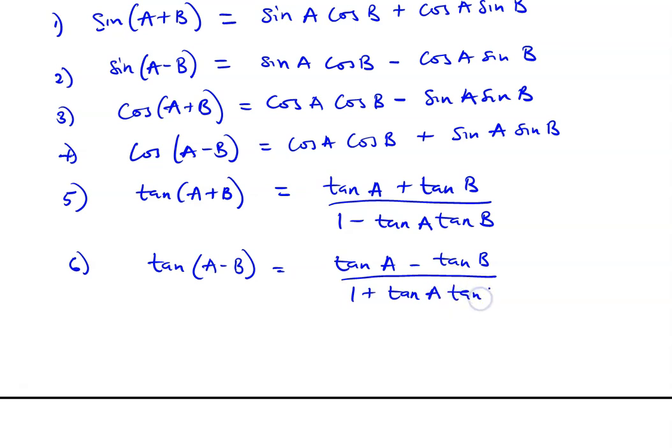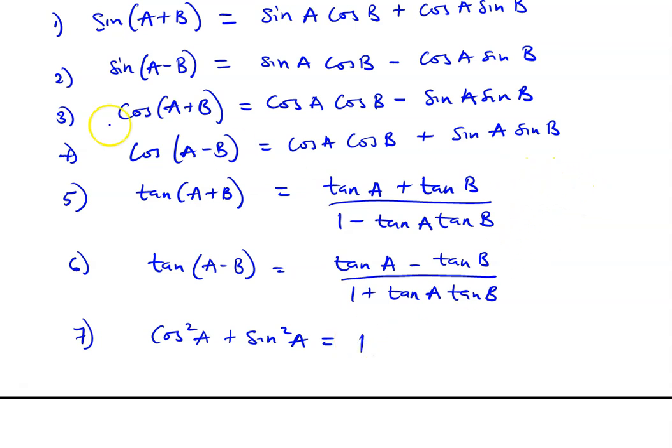And the last fundamental formula, number 7: if I have cos squared A plus sine squared A, then at the end I'm going to get 1. You get it?